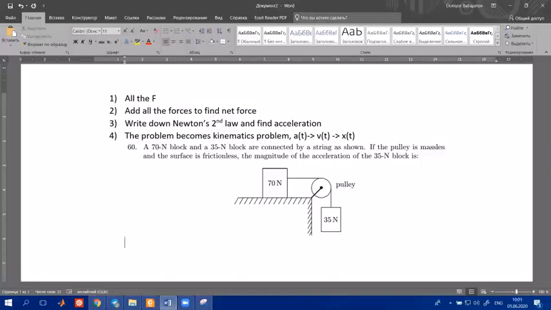If the pulley is massless and the surface is frictionless, the magnitude of the acceleration of 35 Newton block is..." So we have to find the acceleration of the 35 Newton block.